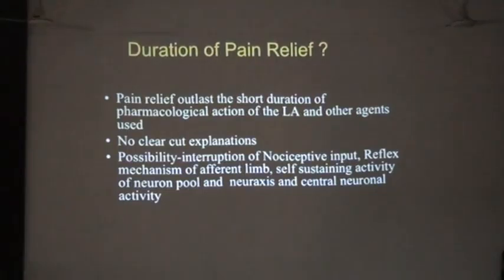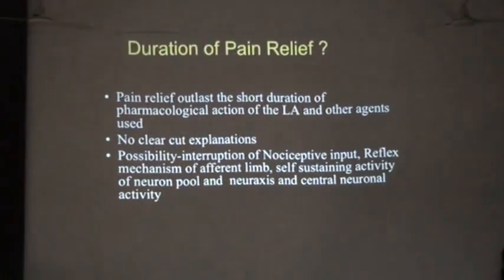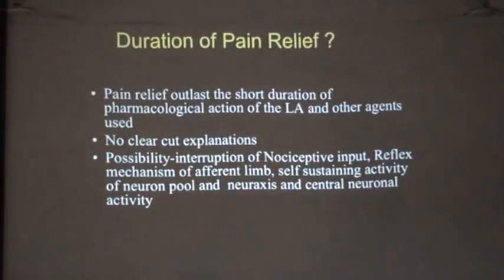This is a very common question I always come across from doctors, physicians, and patients: how much time will it last? People think I am giving something which works with time. Actually, it's not so, because we give the diagnostic block or first block with local anesthetic and some steroid.